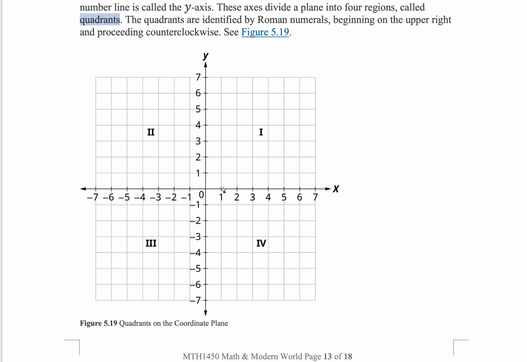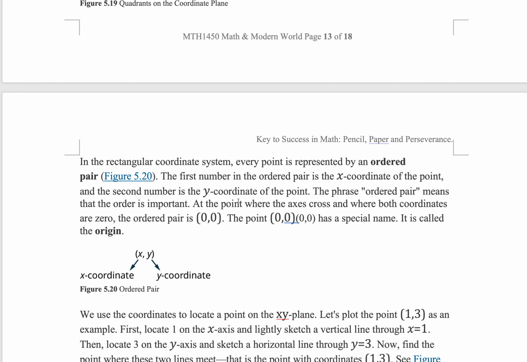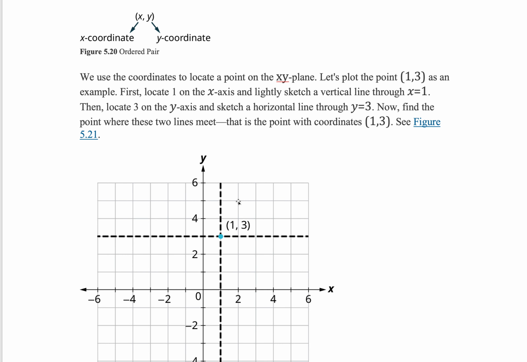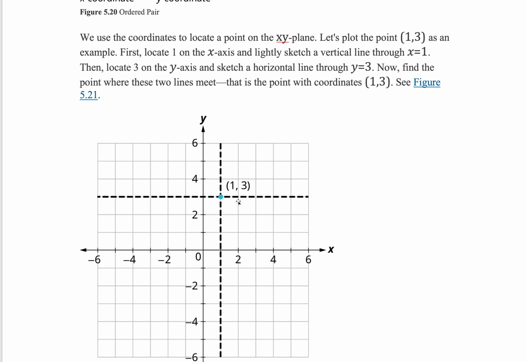And then you may want to know what this rectangular coordinate system is for. Put it in a very simple way, in a rectangular coordinate system, every single point can be represented by an ordered pair. Looking at this rectangular coordinate system, we have a point representing the ordered pair 1 and 3.